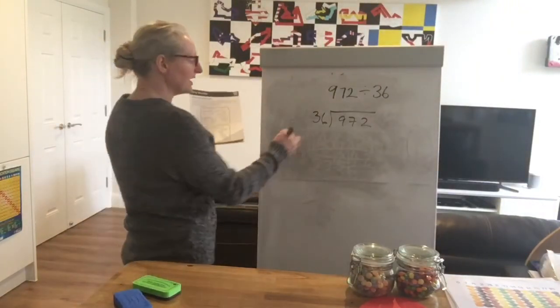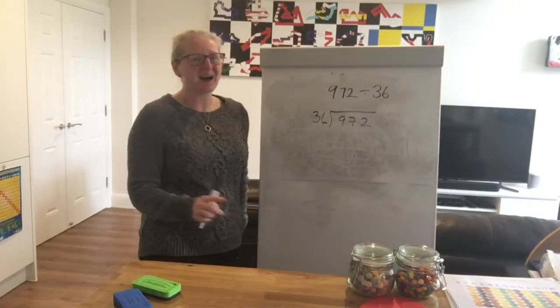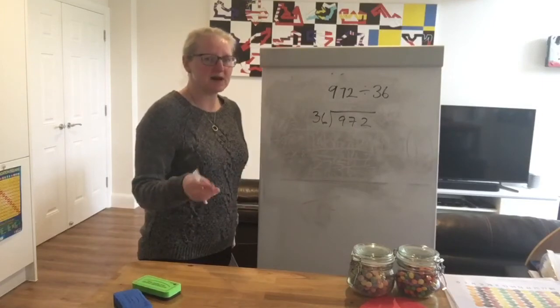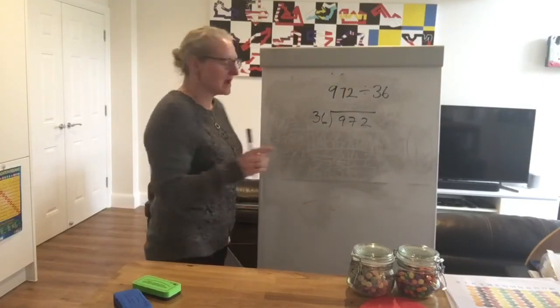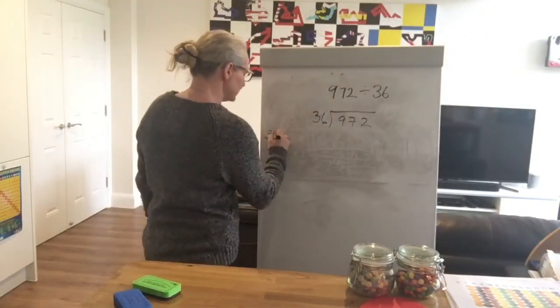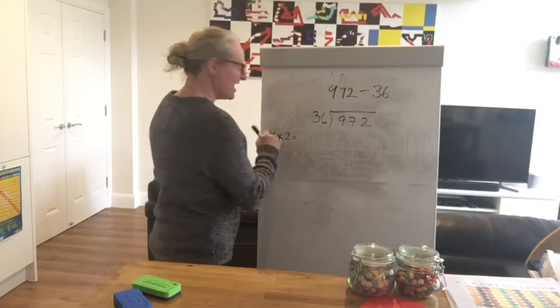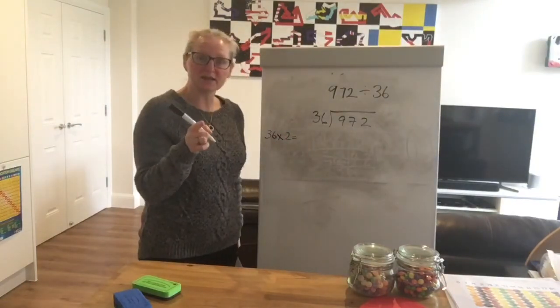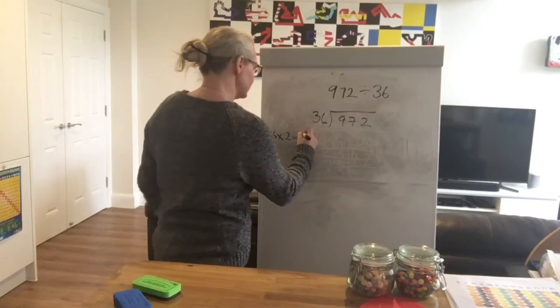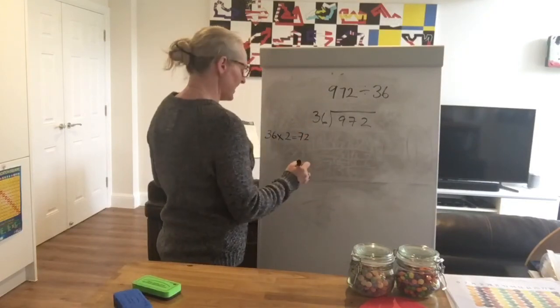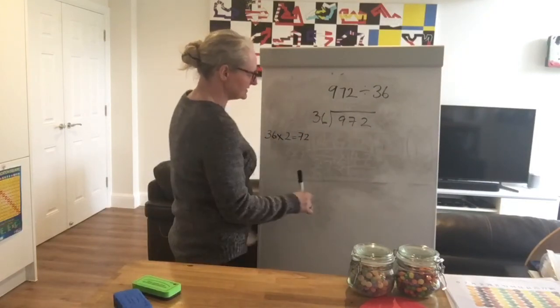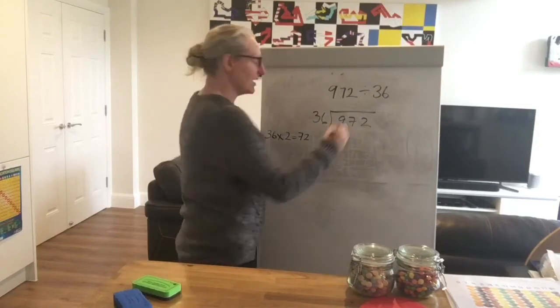So I go 36 into 97. I think it goes more than once, it probably is twice. I don't think it's 3 times, but I go 36 times 2 over here. I do know doubling 36 because we've learnt that. Double 36 is 72. So 36 into 97 goes twice.